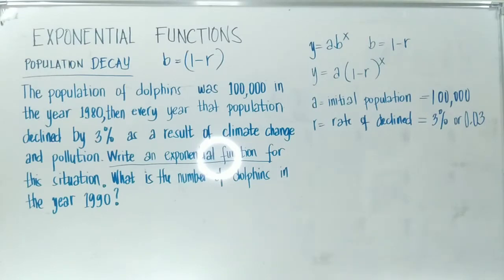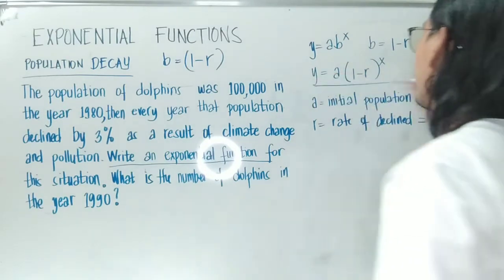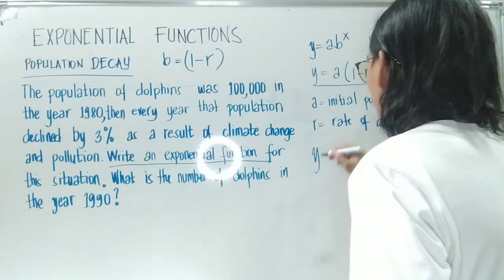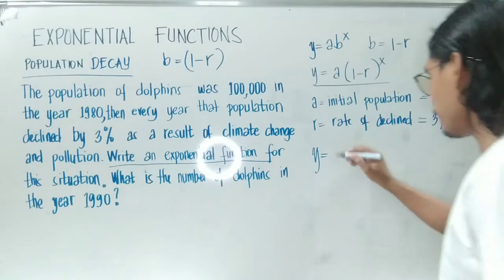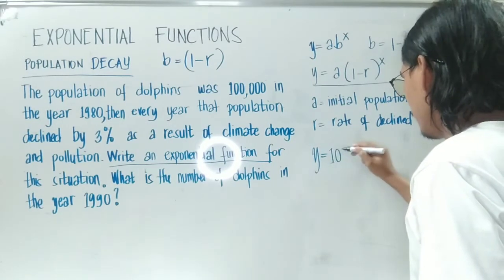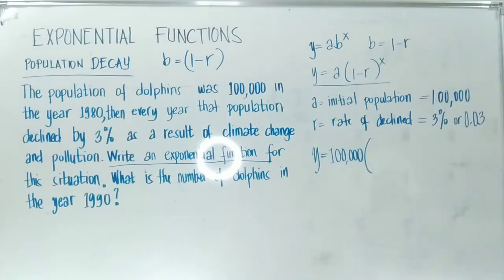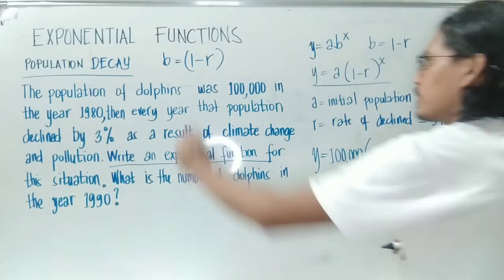Okay, continuing, we have derived your exponential function in this form. We have y is equal to your initial population, 100,000, times the growth factor.